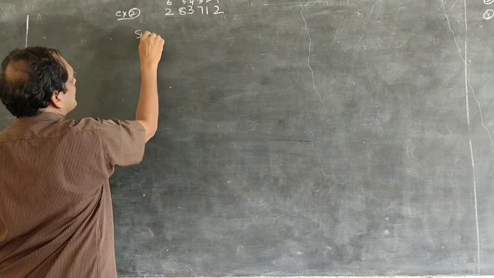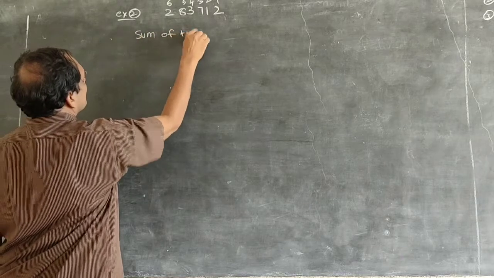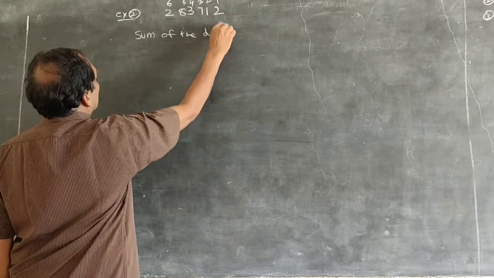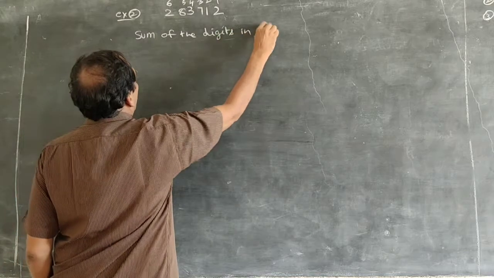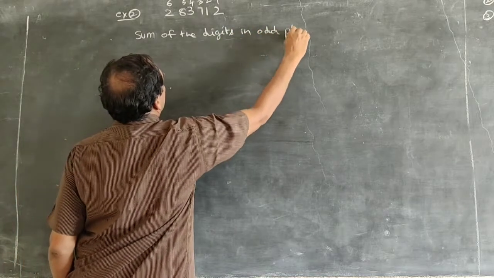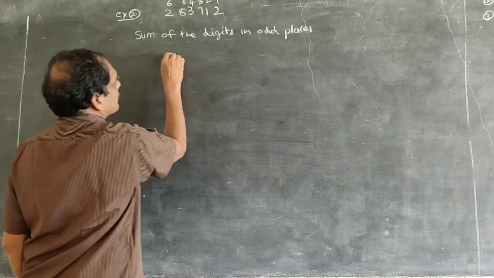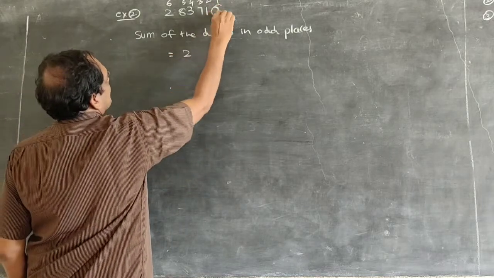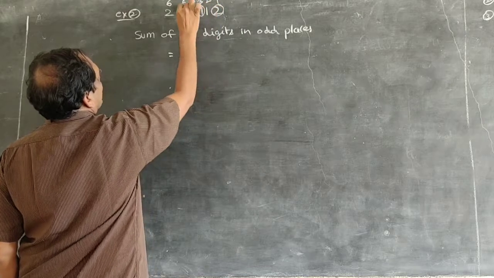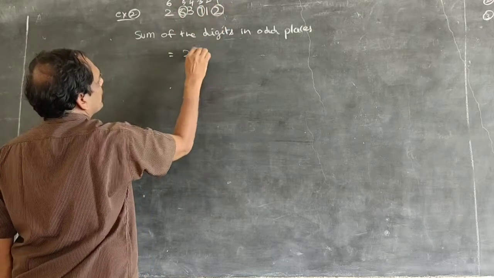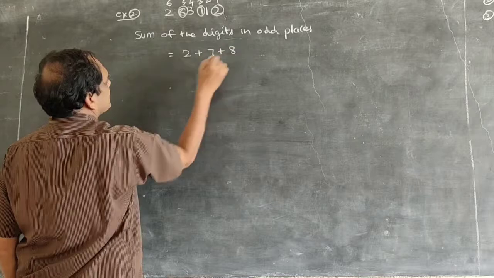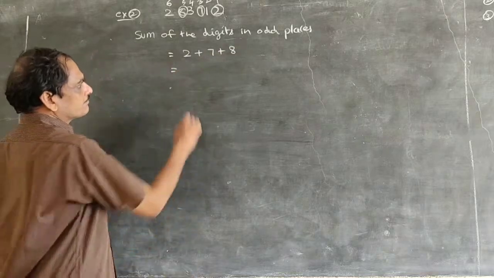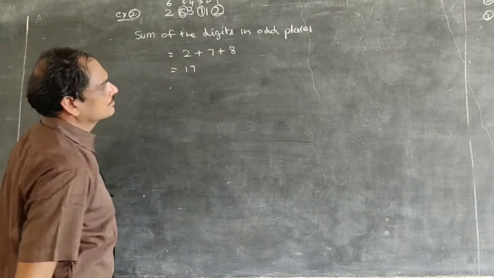So we write the sum of the digits in odd places is equal to: the first place is odd, the third is odd, the fifth is odd. So 2 plus 7 plus 8, that is equal to 17.